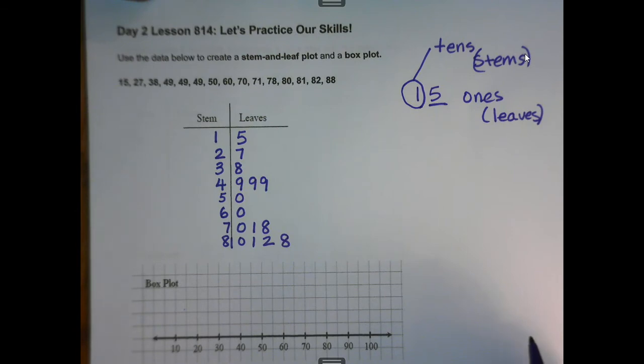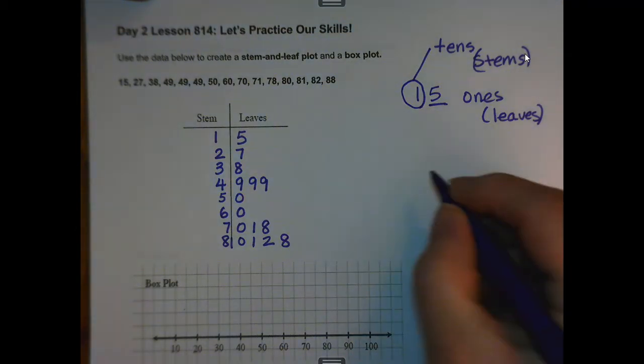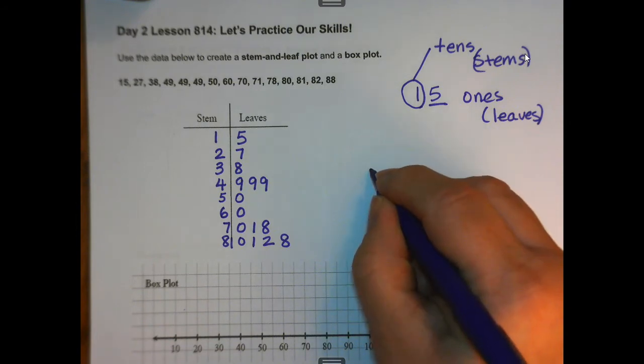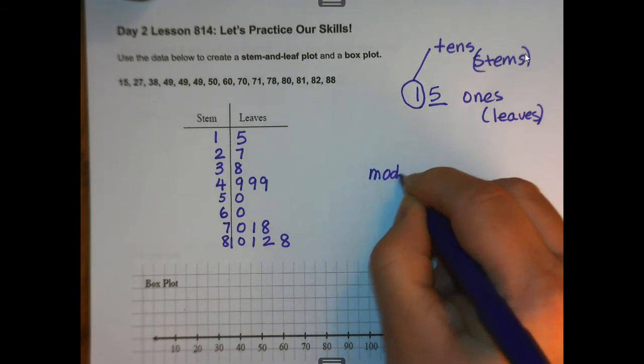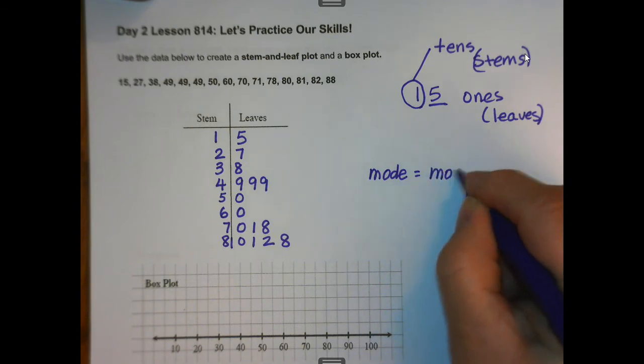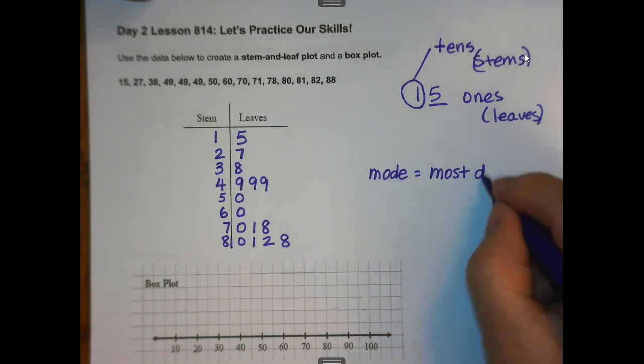Now, the cool thing about this information is on a stem and leaf plot, I can pretty quickly see which number would be something we call the mode. And I'm going to introduce that to you right now. We don't have to worry too much about knowing it to mastery, but I'm going to write it over here, mode, and that is the most data.